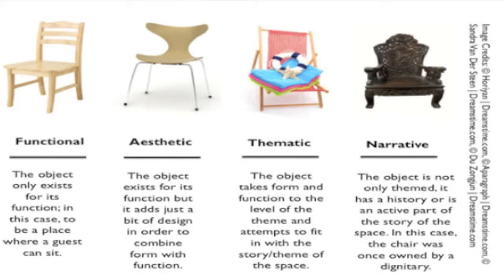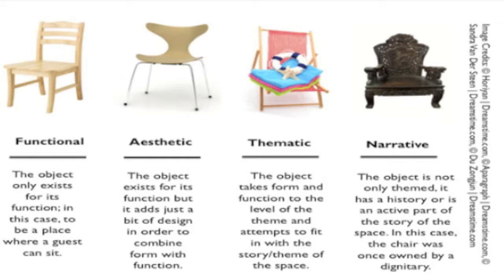I talk about different approaches that you can consider when you think about an object. In this section, I talk about something as simple as the chair, which I think appears in just about every design space. And there are really four levels of the chair I discuss. One is a functional level, the chair, if you will, as a pure seat in which a guest sits. The second would be an aesthetic level, so it's functional in that the guest is seated in it, but it also has some design element to it.